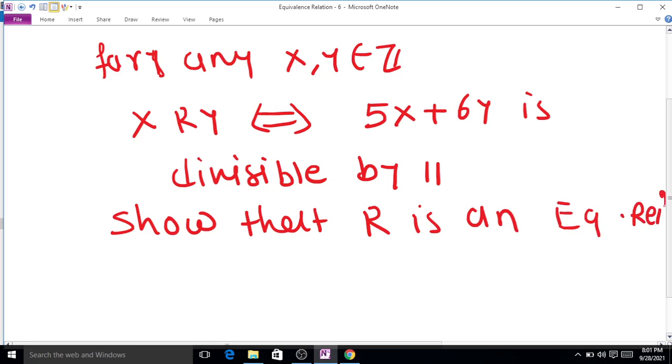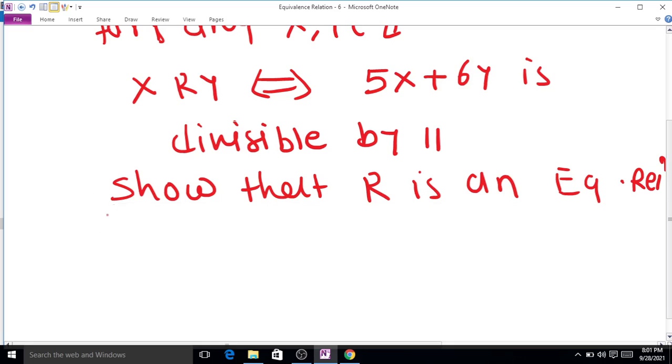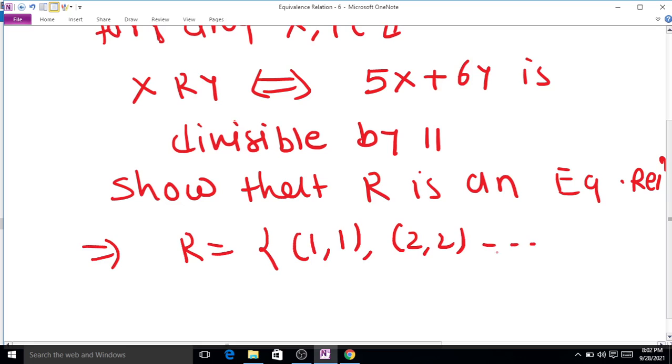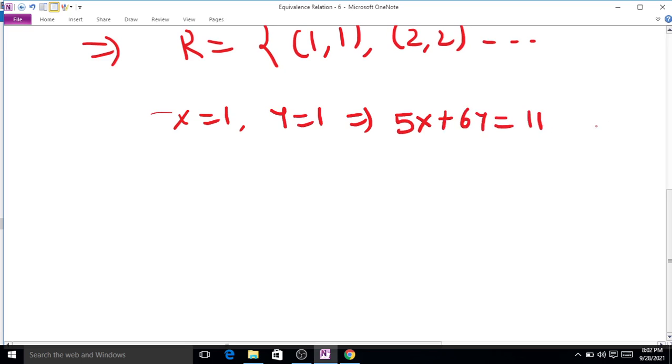So here, if we write some members of the set R, you can see R contains pairs such as (1, 1) and (2, 2). If you consider x equal to 1 and y equal to 1, then 5x plus 6y is equal to 11, and this number is divisible by 11.